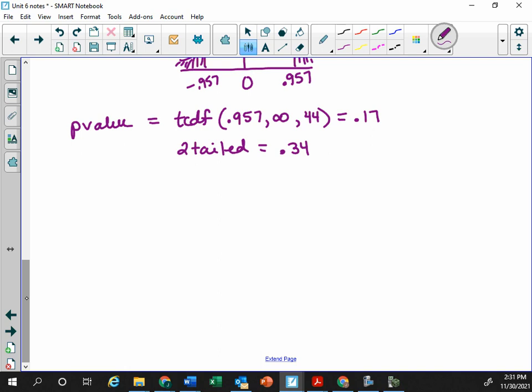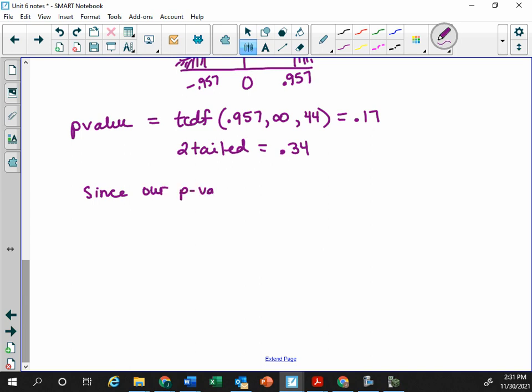So, what do I conclude then? My p-value is 0.34. What does that mean? Fail to reject. Excellent. So, it's pretty big.